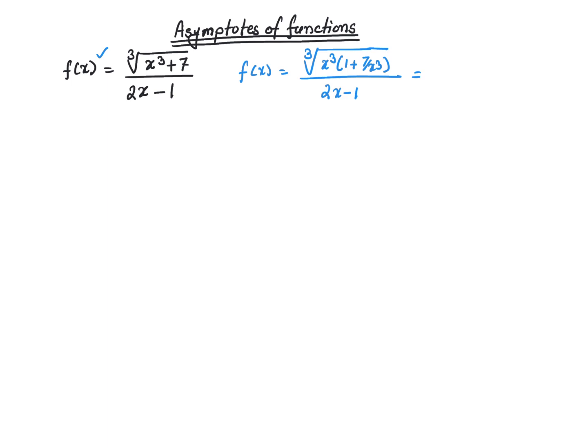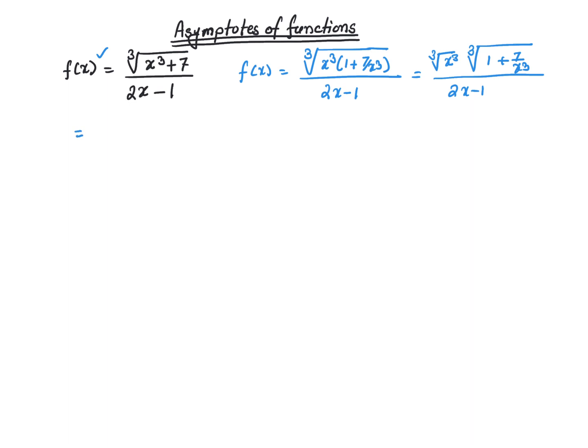And that I could rewrite as cube root of x cubed, which is just x, times cube root of 1 plus 7 over x cubed, all of it divided by 2x minus 1.